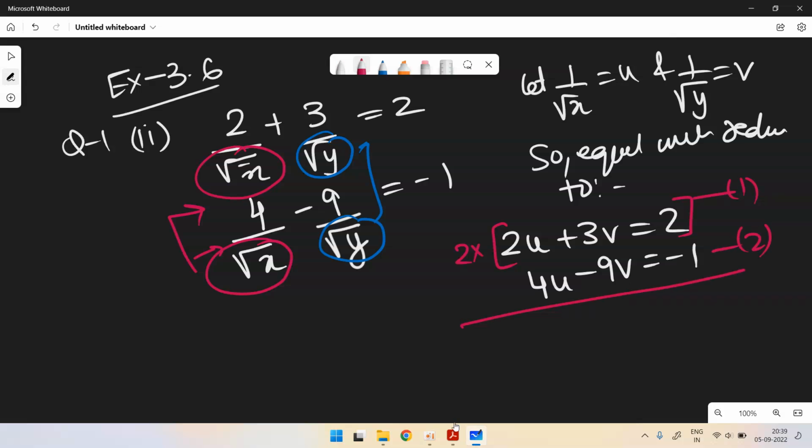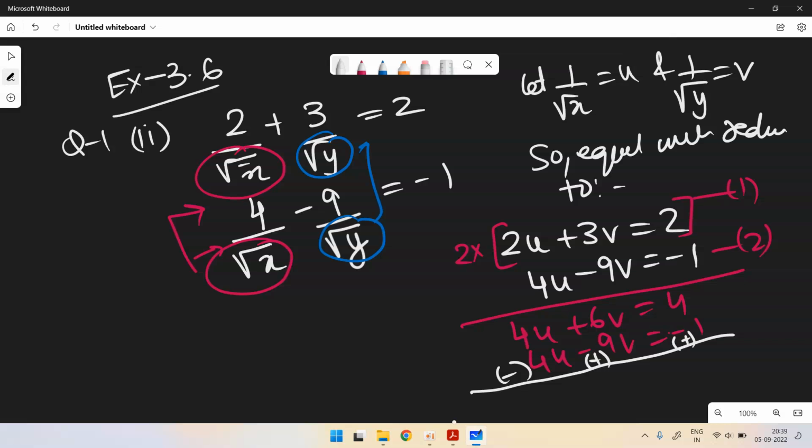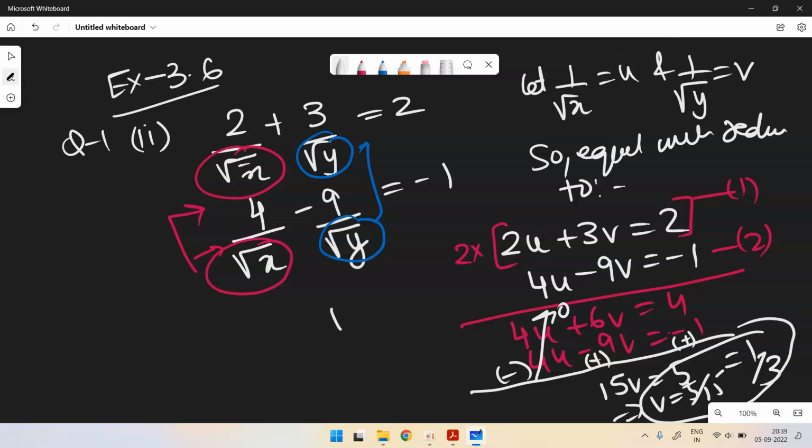This becomes 4u plus 6v equal to 4, and the second is 4u minus 9v equal to minus 1. Now if you subtract these two equations, the 4u cancels, and minus minus becomes plus, so 6 plus 9 is 15v equal to 5, which implies that v equals 5 by 15, which is 1 by 3. So the value of v is 1 by 3.